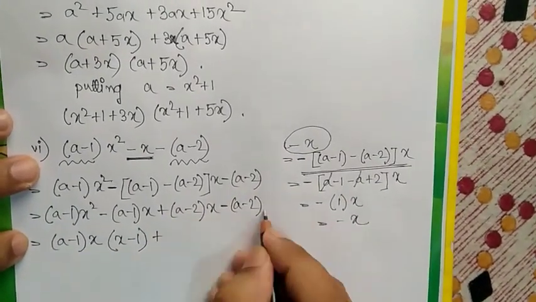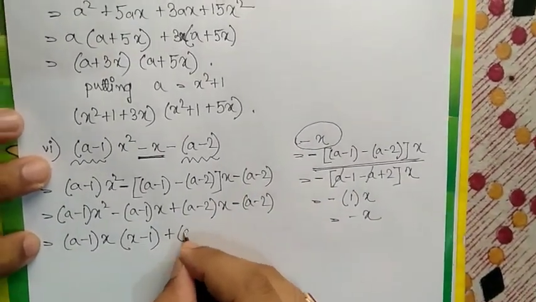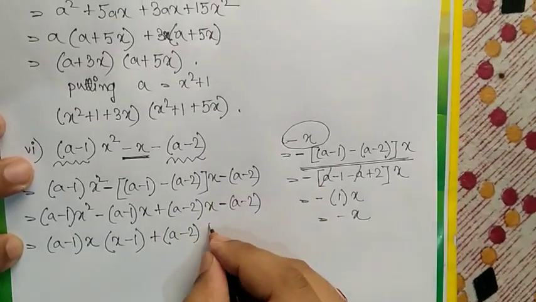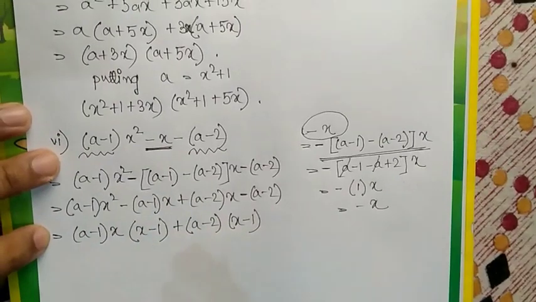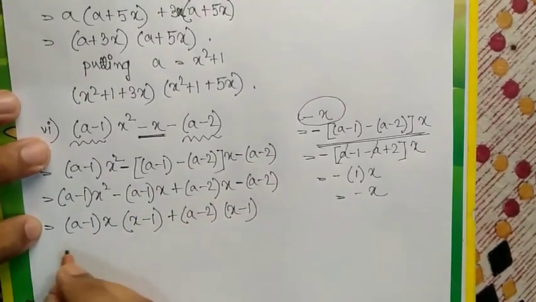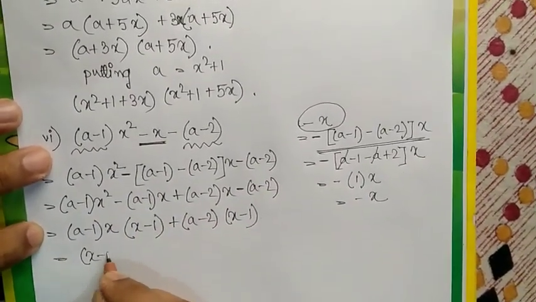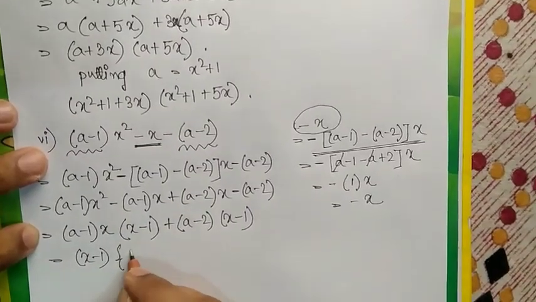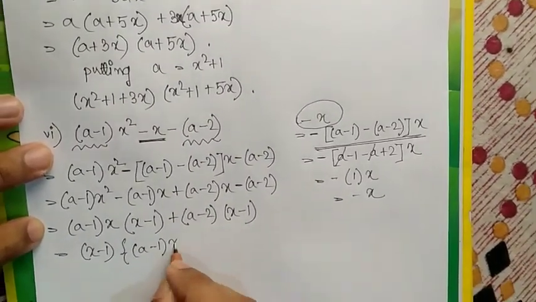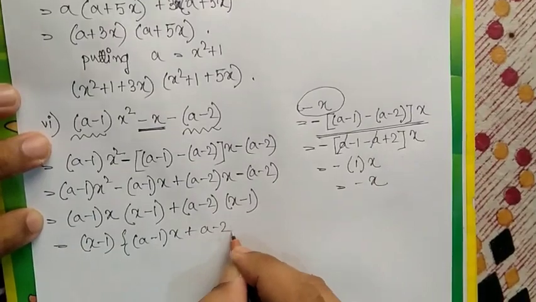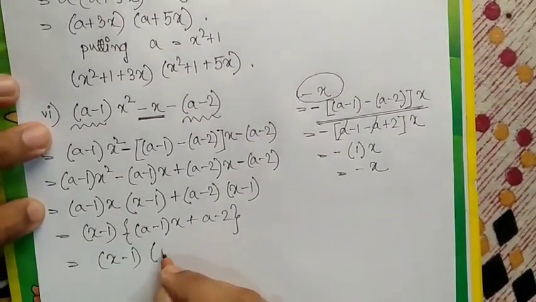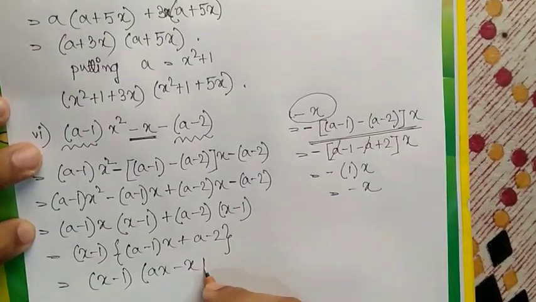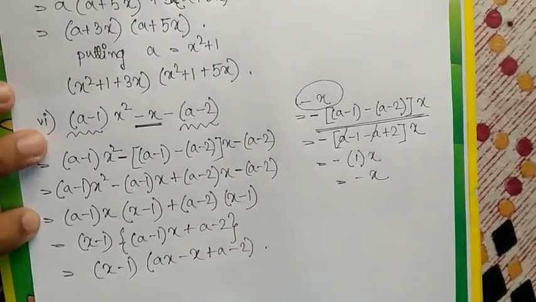In these two we can take common a minus 2, the remaining part is x minus 1. Now in these two algebraic expressions x minus 1 is common, so take x minus 1 and the remaining is a minus 1 x plus a minus 2. Opening those brackets we can get ax minus x plus a minus 2 complete.